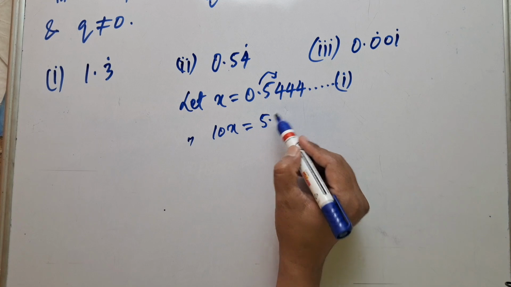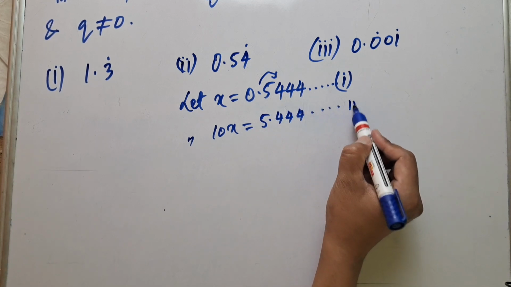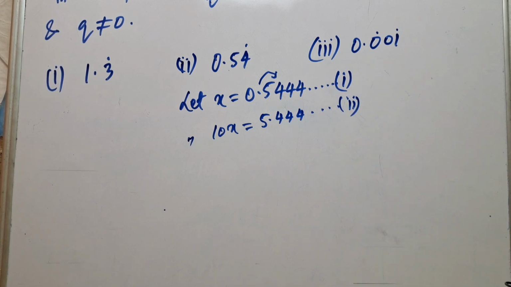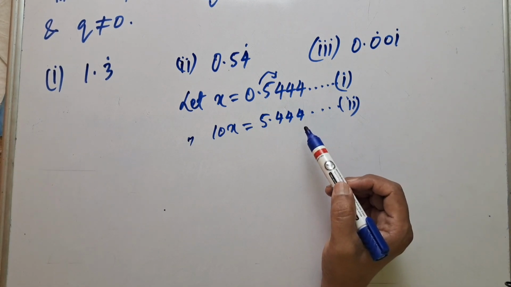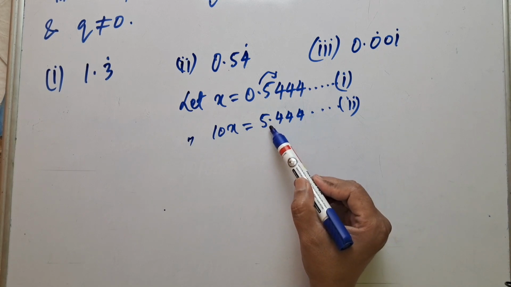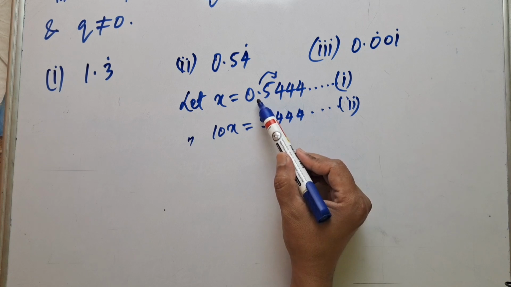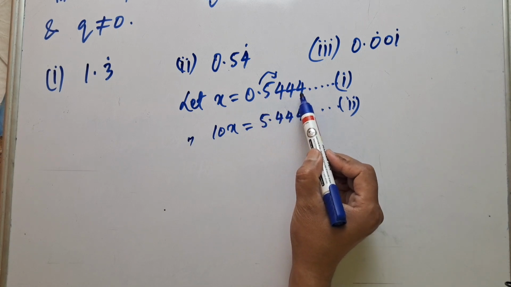So 5.444 and so on. This is equation 2. Now our main objective is to make the numbers after the decimal point the same. In equation 2 we have 0.44444, but in equation 1 we have 0.54444 and so on.